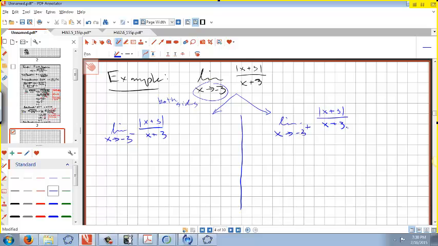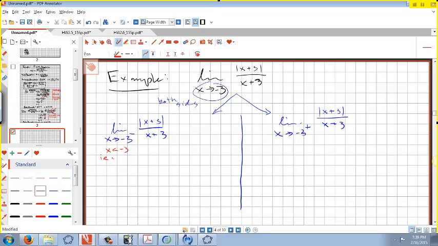Now over here from the left, we're saying x is going to be less than negative 3, i.e. things like negative 4, negative 5, or negative 3.001 or something like that.